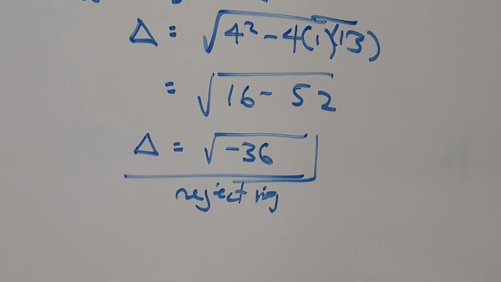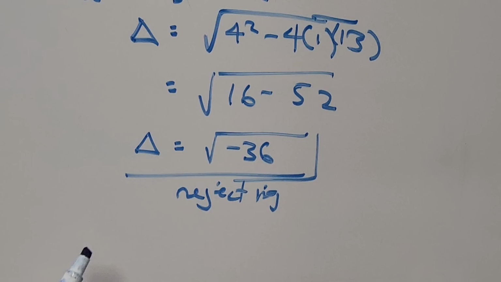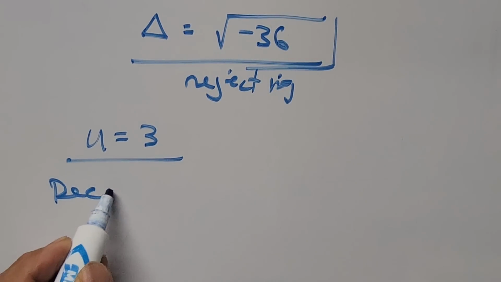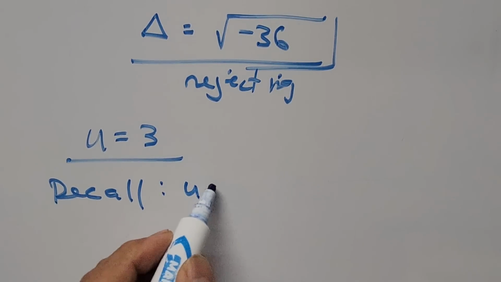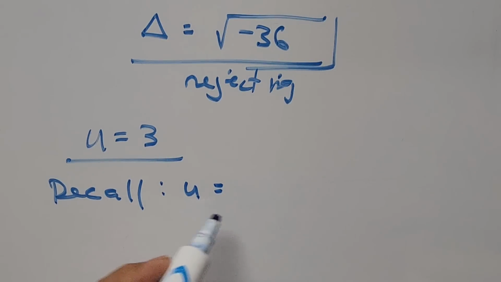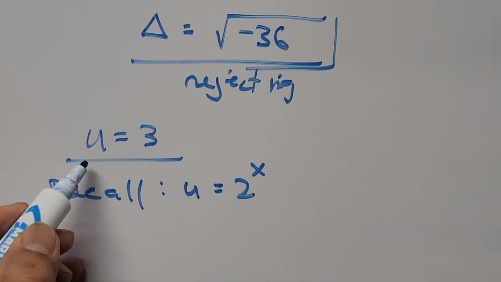But in reality, there are complex solutions to this equation. So in here, we're using the value of u as 3. Let's recall that u is the designated variable in place of 2 to the power of x.